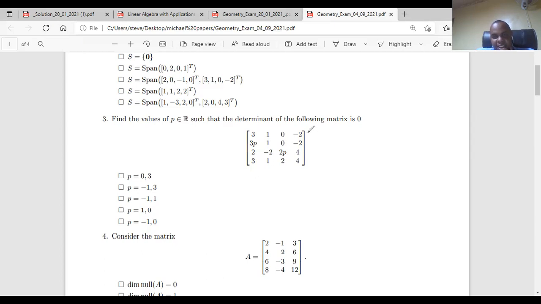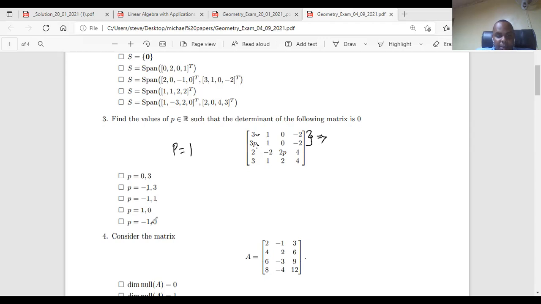Intuition. Yeah, good intuition. Because you only need to have 2 rows or columns being dependent, right? And the only thing making these 2 rows dependent is P equals 1. So at least we have P equals 1.